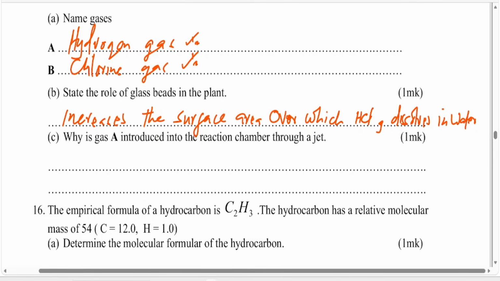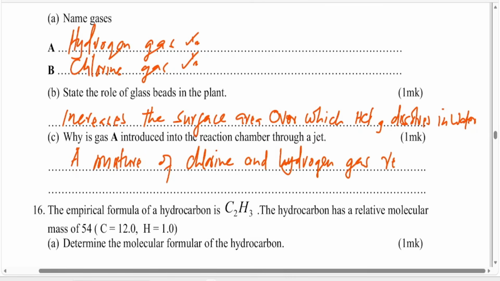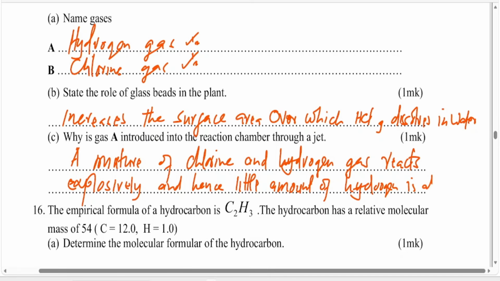We write: a mixture of chlorine and hydrogen gas reacts explosively, and hence a little amount of hydrogen gas is allowed to react.